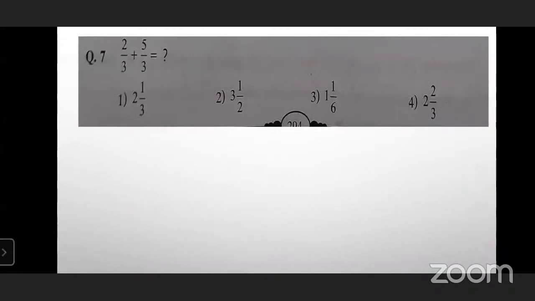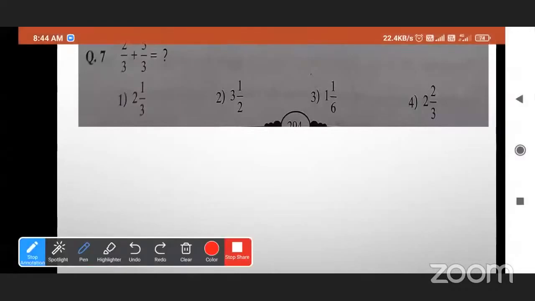Now, this is question number 7. We have to do addition only. Okay, so what is the answer? See here, 2 upon 3 plus 5 upon 3.